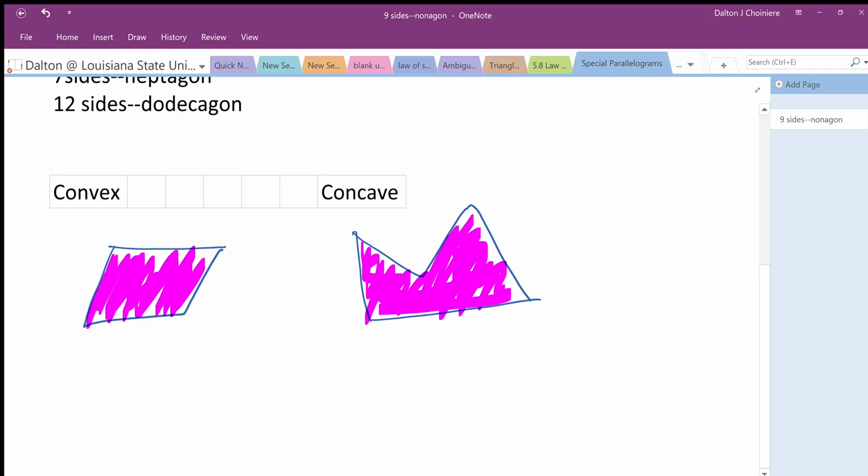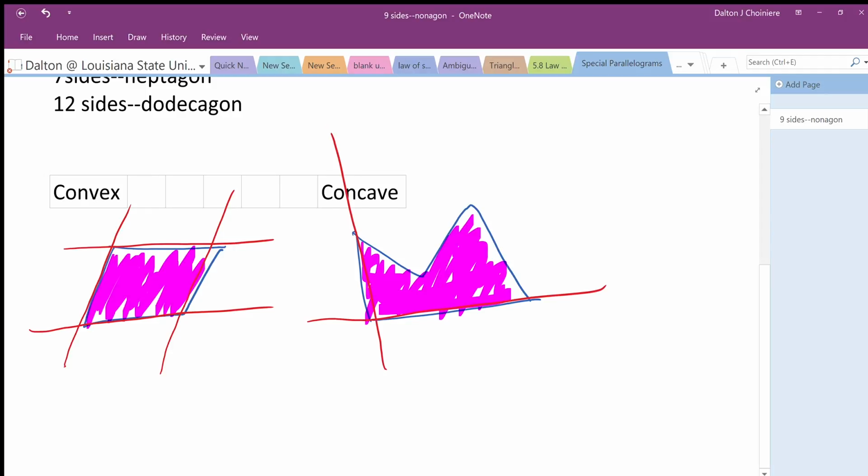So if I were to trace over the sides of that shape like this, and sorry, I'm not perfect. Do you notice how my lines just extend and, you know, life goes on. Nothing special happens. For a concave shape, though, notice as I trace over the sides, what is the difference?